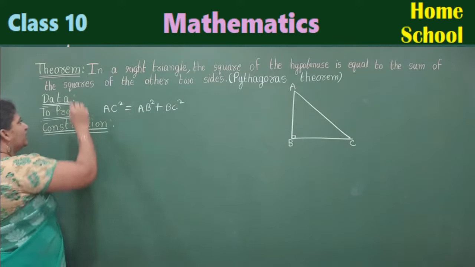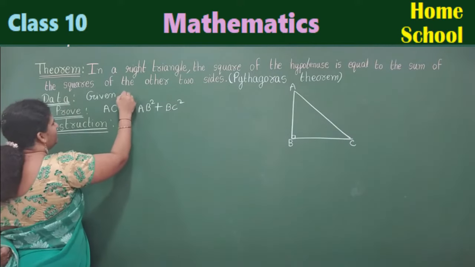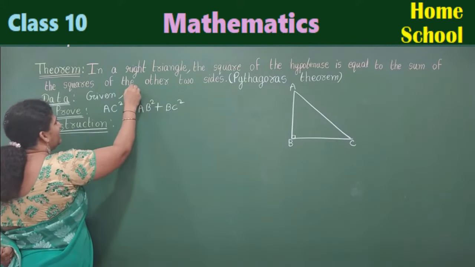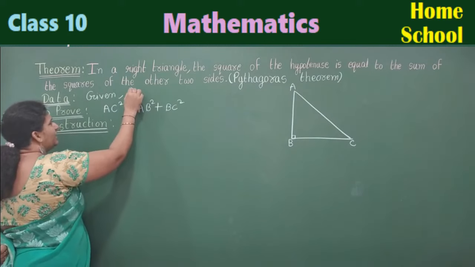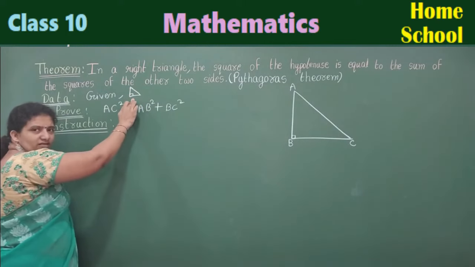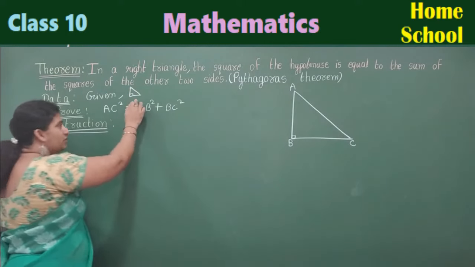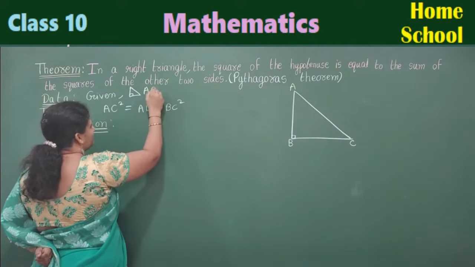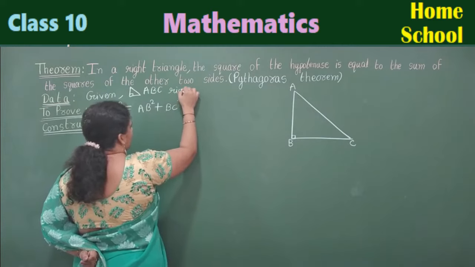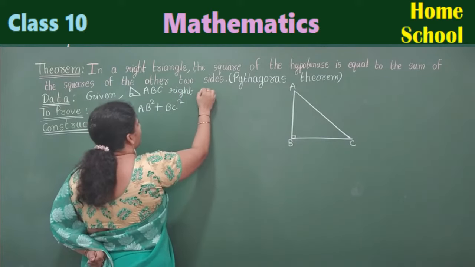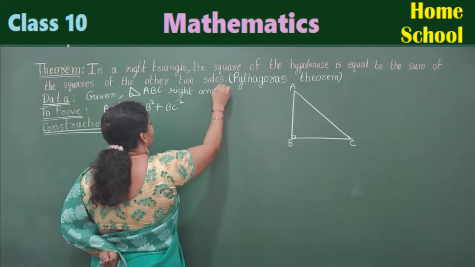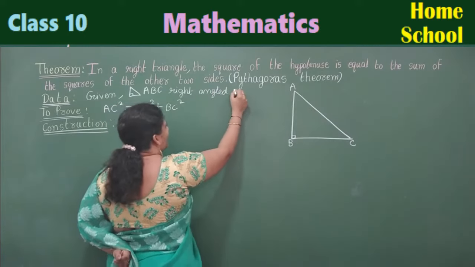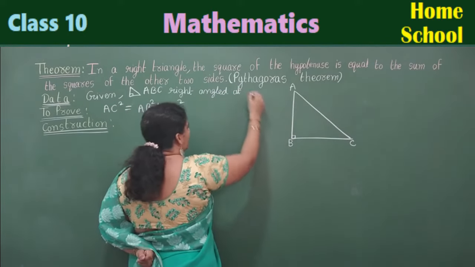What is that? By given data, given right angled triangle. See here, right angled triangle, you can give the symbol like this also. Right angled triangle ABC. Where it is right angle?